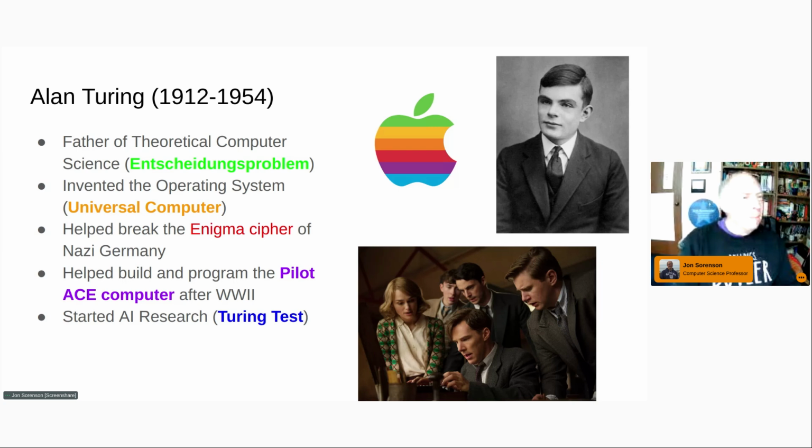All right. After the war, so the war was over in 1945, Alan Turing worked at a national lab and helped build one of the first computers in the 1940s. The one that he worked on was called the Pilot Ace computer. There were others that were built at this time as well. But basically, if you think about it, computers were theoretical, not physical objects, before the war started.